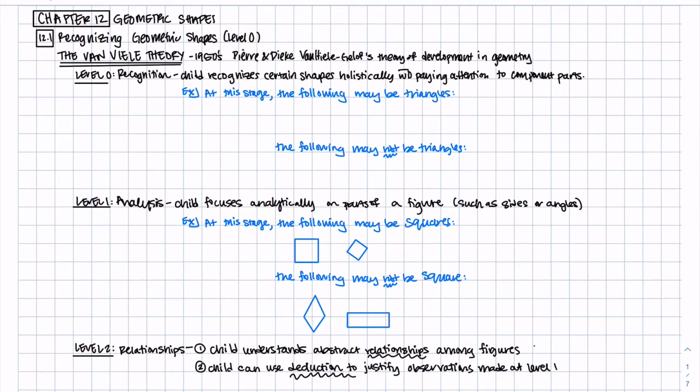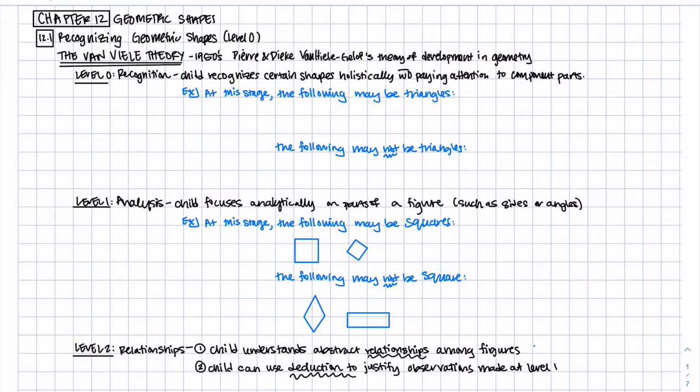The very first level is actually level 0, with the idea that level 0 is where everyone starts, the starting off point. Level 0 is referred to as recognition. At this lowest level, reasoning is visual or holistic, with no particular significance attached to attributes of shapes, except in gross terms.